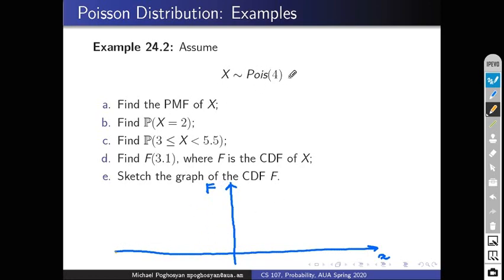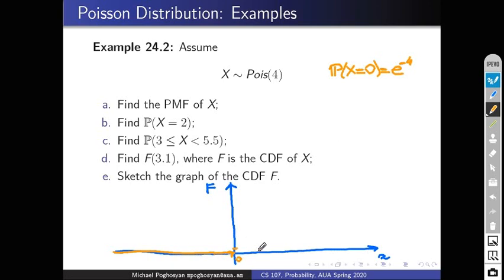x is a discrete random variable, and its values are 0, 1, 2. So I will have 0 up to 0. Then I will have a small jump, and the jump size is the probability that x will take 0, which is e to the minus lambda, which is 4, so e to the minus 4.